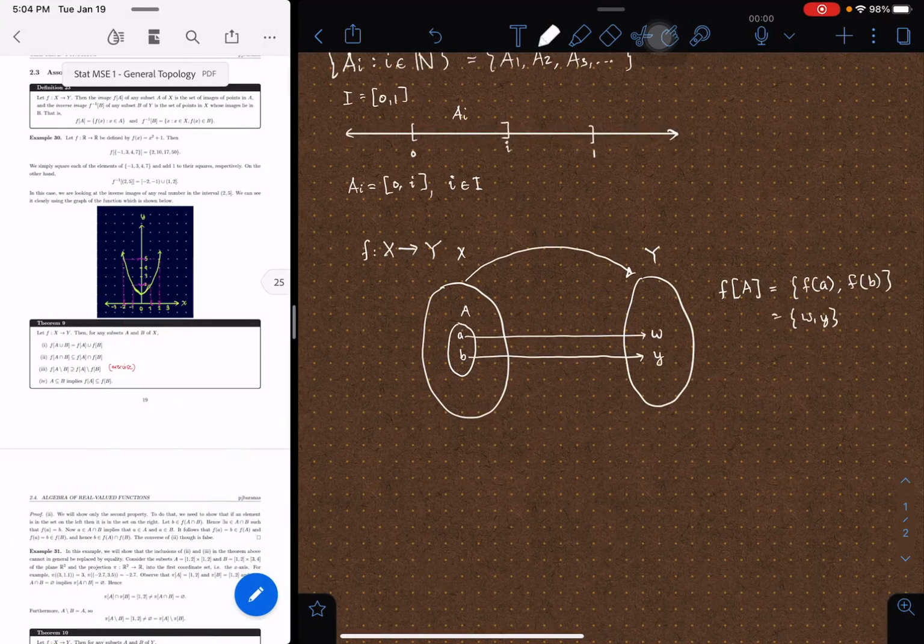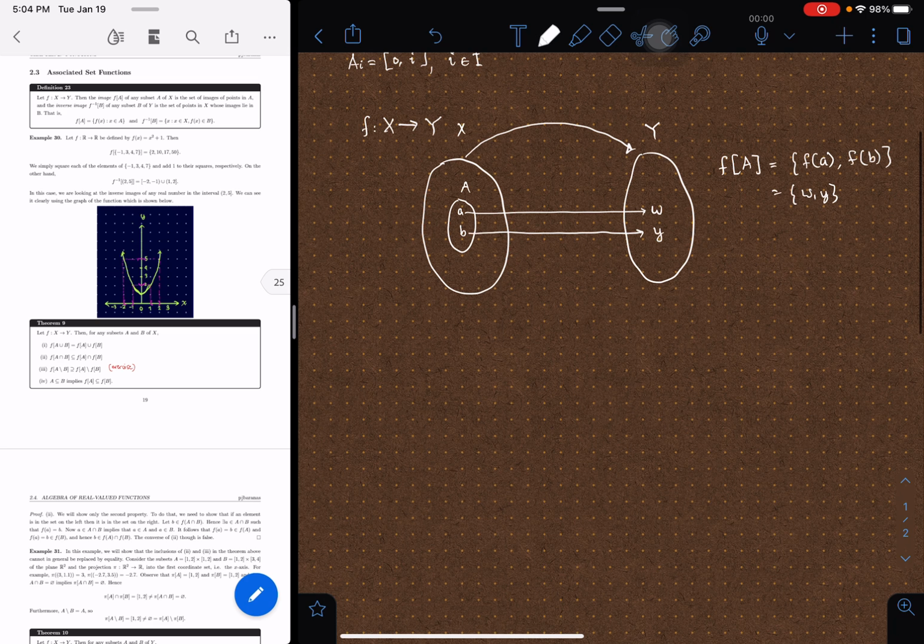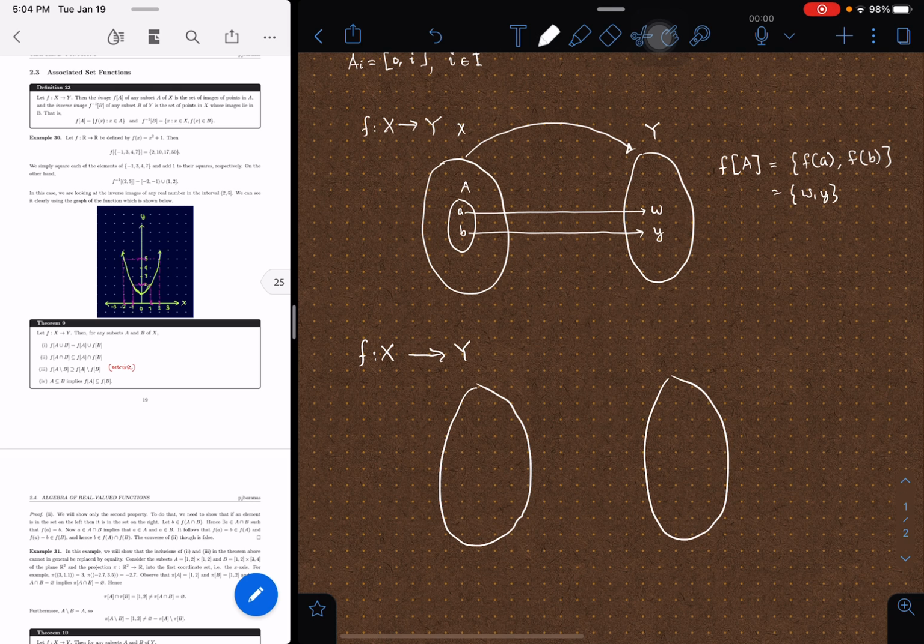So let's make another mapping. So f from X to Y. This is our X and this is Y. This is the mapping f. I forgot to write here the mapping f.